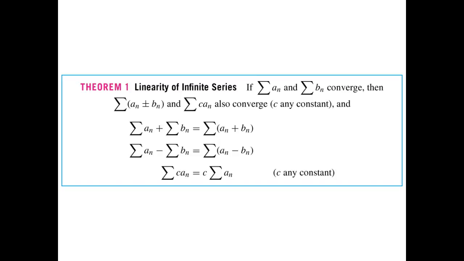The summation of the difference of two sequences is the difference of the summations of those sequences. And the summation of a constant times a sequence that does converge is the constant times the sum of that converging sequence. Okay?